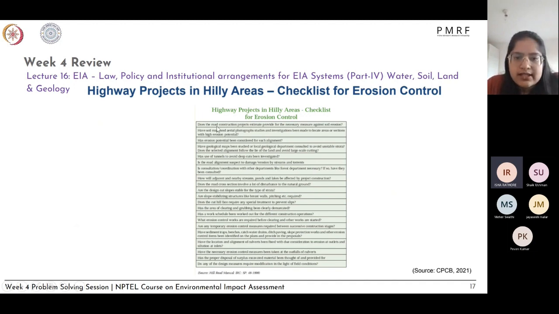So you have things like measures, if necessary, measures or mitigation efforts are taken against soil erosion. If you have erosion potential, or if you have tunnels that you need to deep cut through, will it affect soil erosion and landslide risk? So all of these are things that you need to consider for hilly regions.